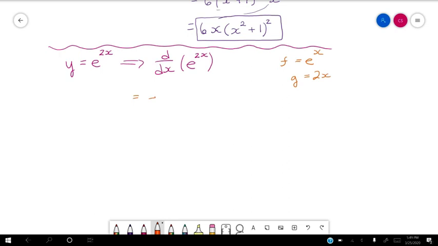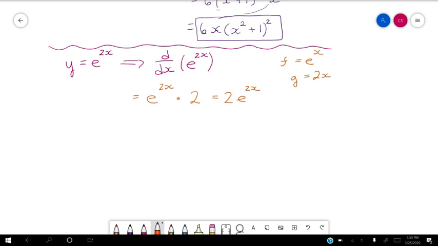But with the chain rule, we keep the inside function there. So e to the 2x. And then we multiply by the derivative of the inside function. What's the derivative of g? 2. So it's 2e to the 2x.